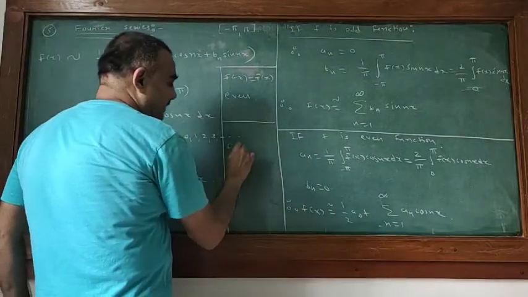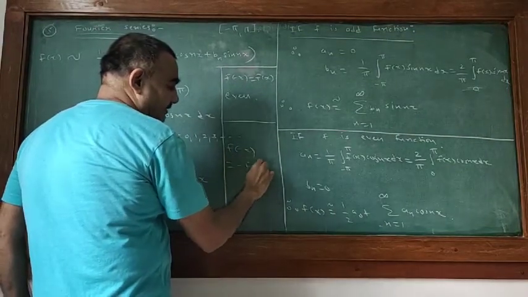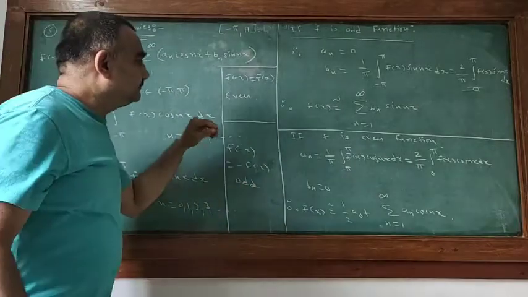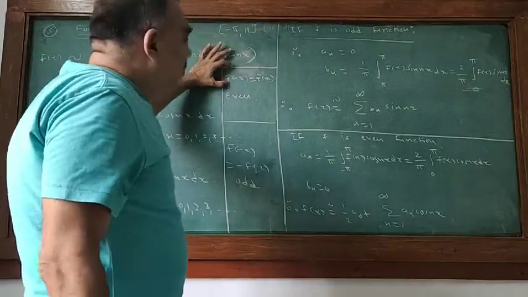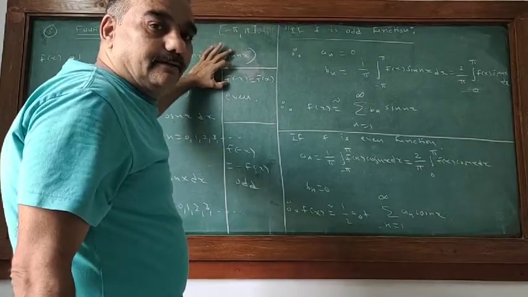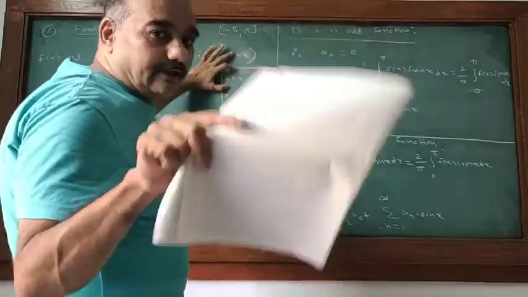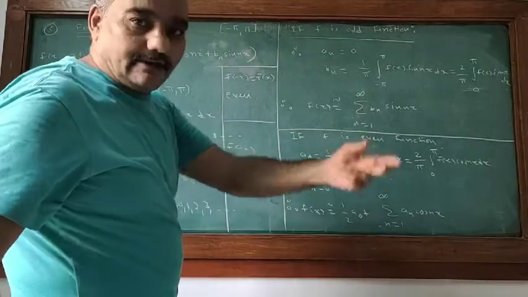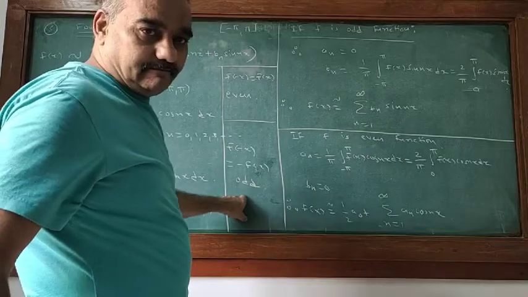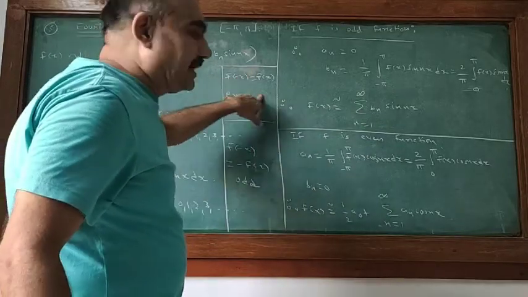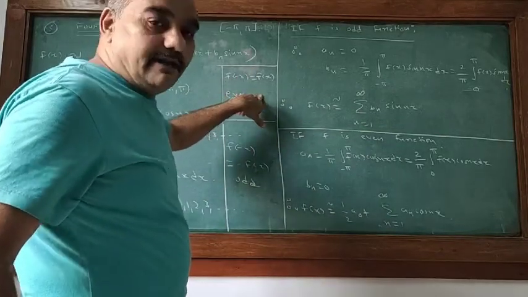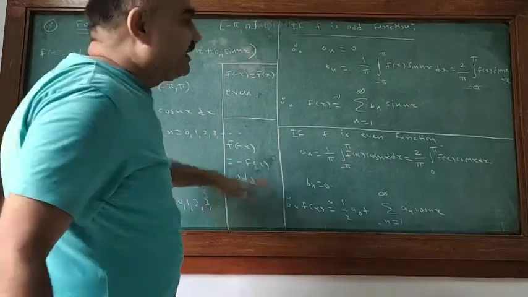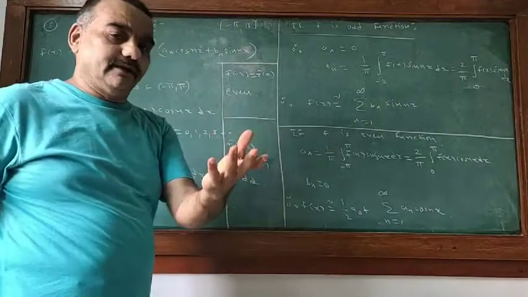And f of minus x equal to minus f(x) is an odd function. Do you have an illustration? f(x) equal to x square is an even function. f(x) equal to x cube is an odd function. f(x) equal to cos x is an even function. f(x) equal to sin x is an odd function. And likewise, you can find many other functions.